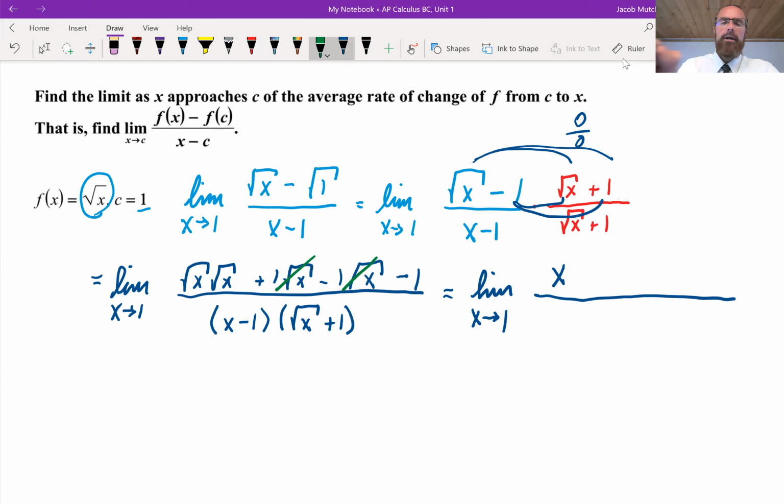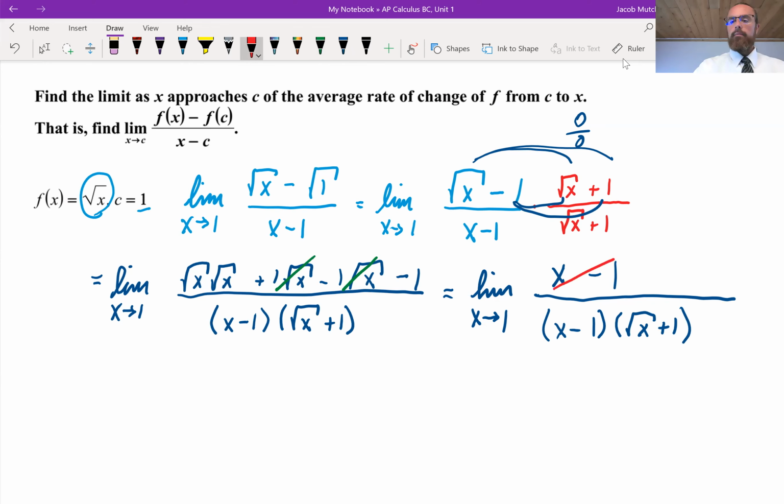And then I'm going to bring minus 1, so x minus 1 above. And then I'll just import those two factors from my previous step denominator, so x minus 1 times square root of x plus 1. And I'm going to pause there. What do you notice above and below? Good. Same type of thing we saw in the previous limit. I've got the identical binomial above and below, that cancels.